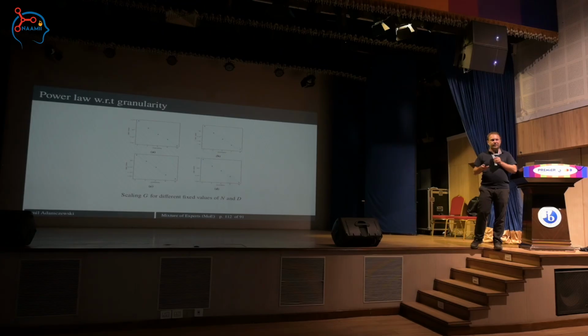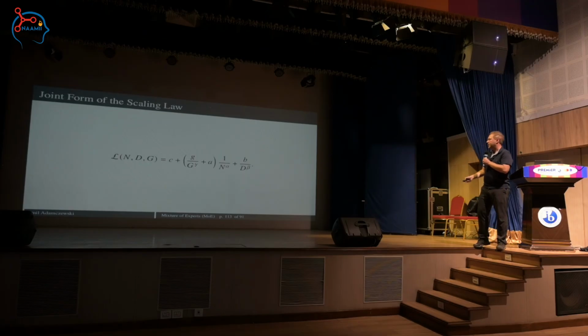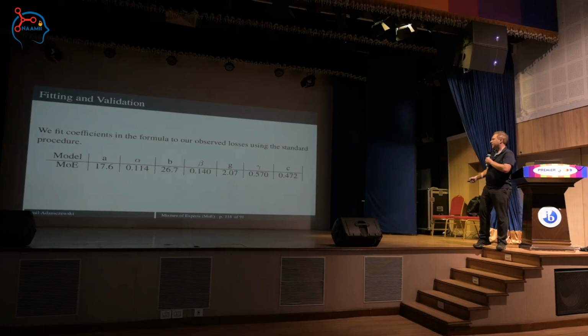The power law is a very useful concept in machine learning as well, as it turns out, and in many aspects. So this is the scaling law that before you saw only with N and D. Now there is also G. This basically shows how the loss changes when we change each of these values.